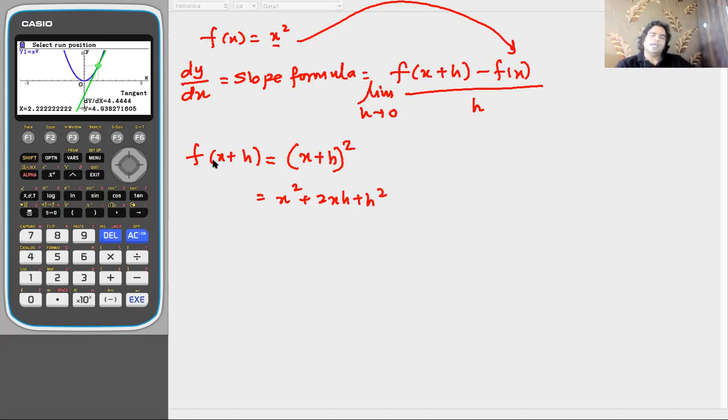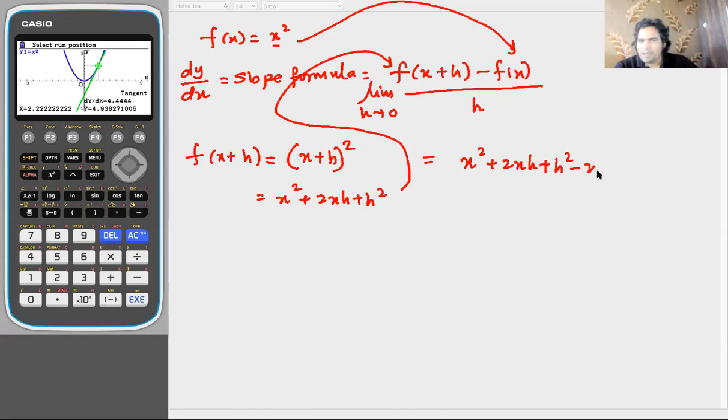That comes out as the f of x plus h value. Now I'm going to put that value here. So the slope formula becomes x squared plus 2xh plus h squared minus x squared, that's f of x plus h minus f of x, over h. And obviously the condition is that h should be close to 0.